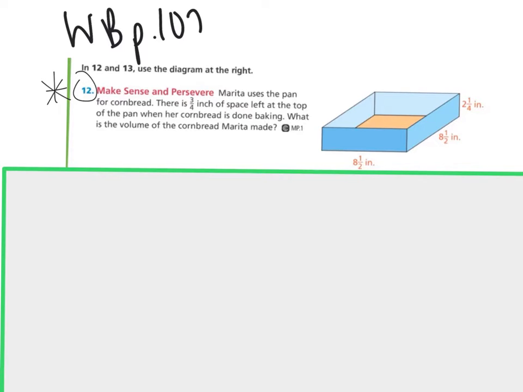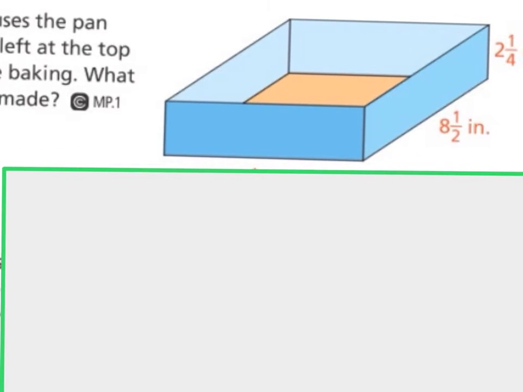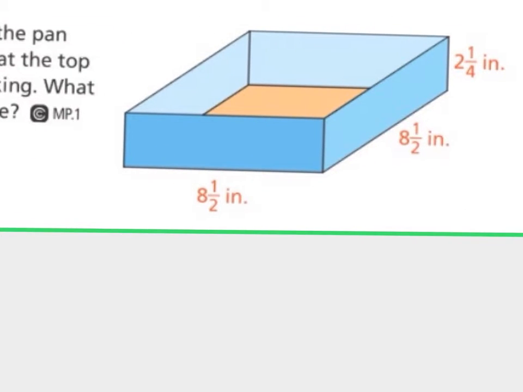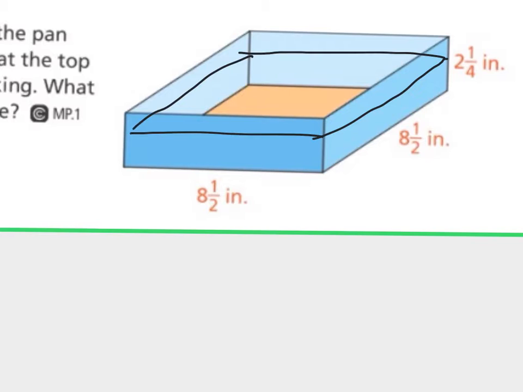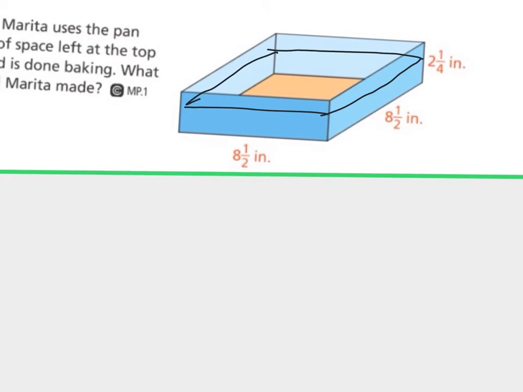So on this problem, basically one way of looking at this is that we have some space at the top. So even though this pan is actually 2 1/4 inches, we're going to imagine our cornbread's not going all the way up. So the question is, where does it go up to?